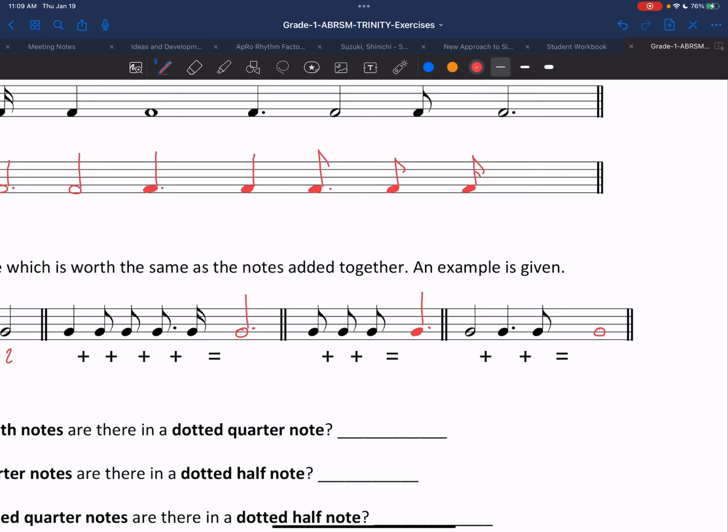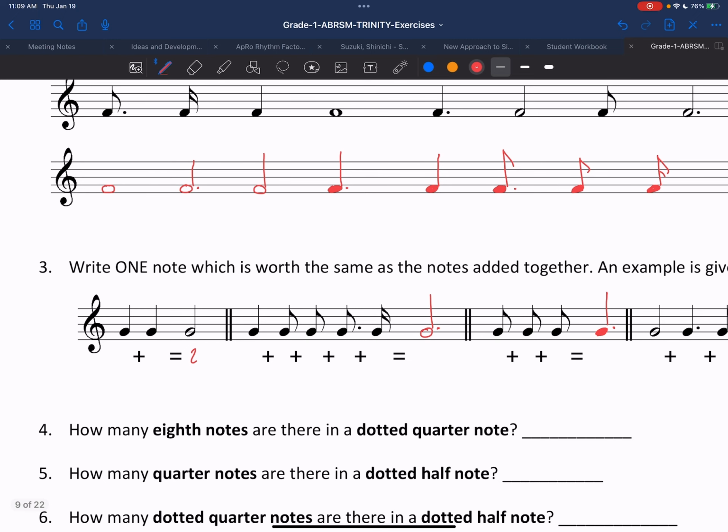If you got any of those incorrect, you can figure this out by using the number of beats. We have 1 plus 1 is 2. We have 1 plus a half plus 3/4 of a beat plus 1/4 of a beat, meaning that we get 3 beats.